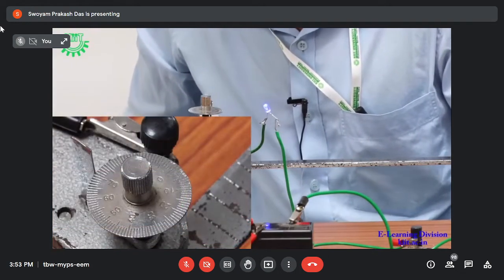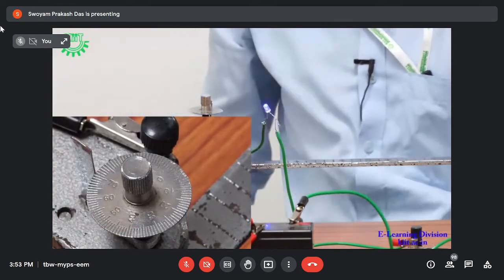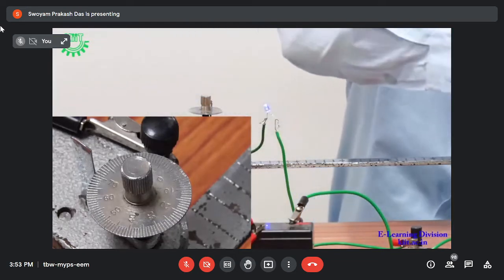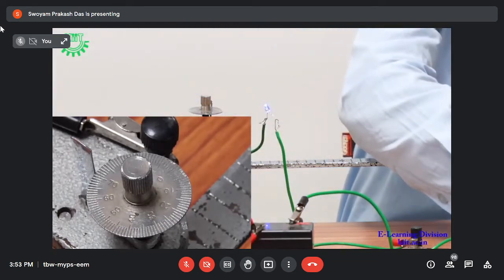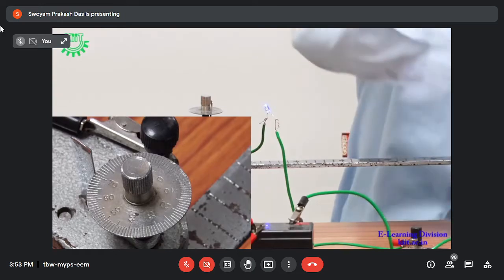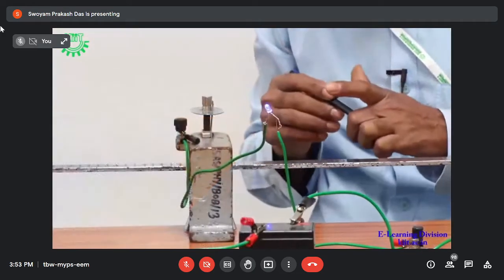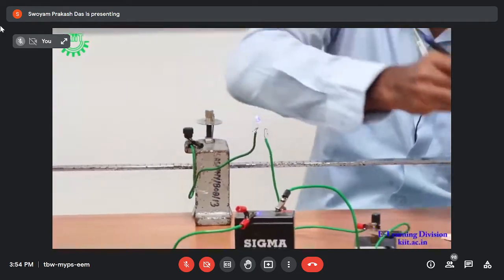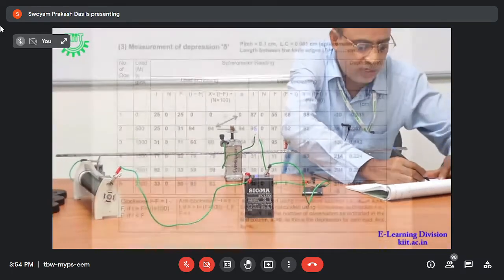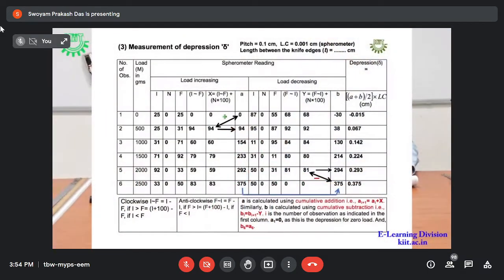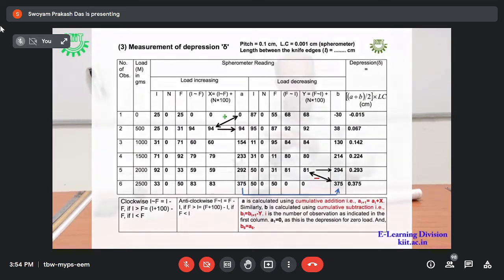Now the circular scale reading is 71, without rotation. So 71 will be the final reading, and this 71 will be taken as the initial for the next observation for 1500 gram.